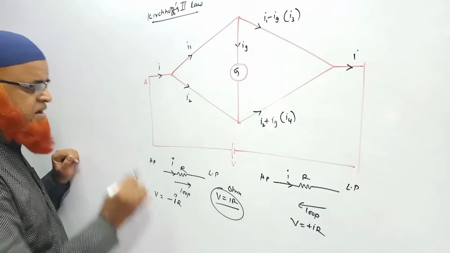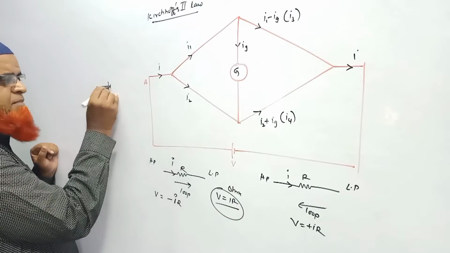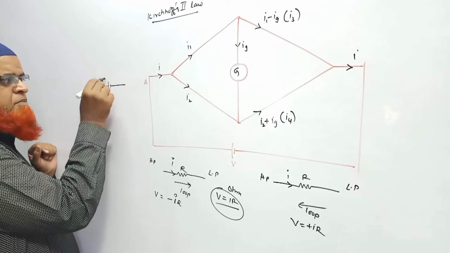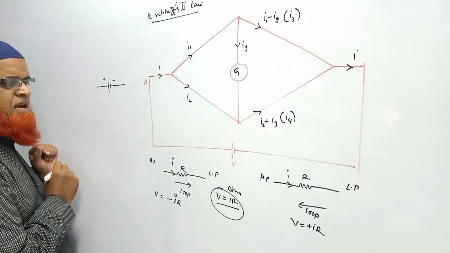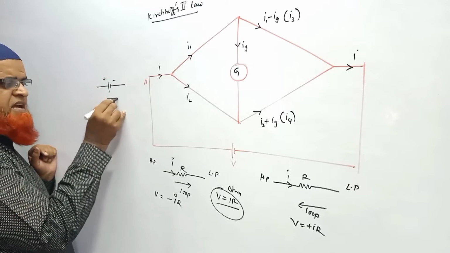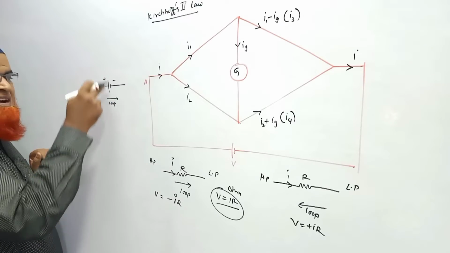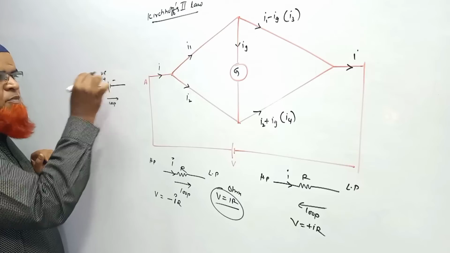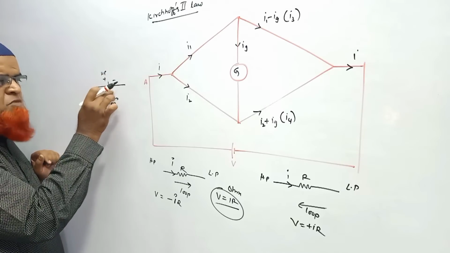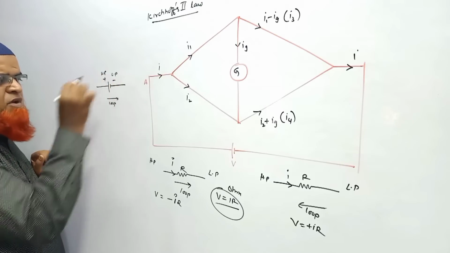One more thing you have to remember is, for example, this is a battery, positive and negative potential. If the loop is in this direction, the longer solid line is called higher potential and the smaller solid line is called lower potential.